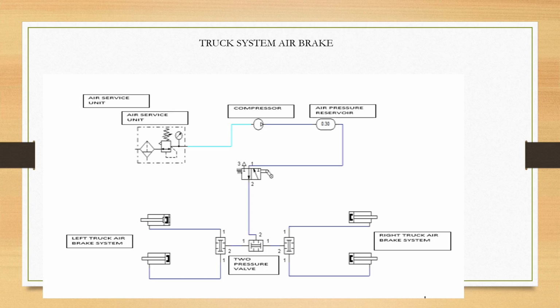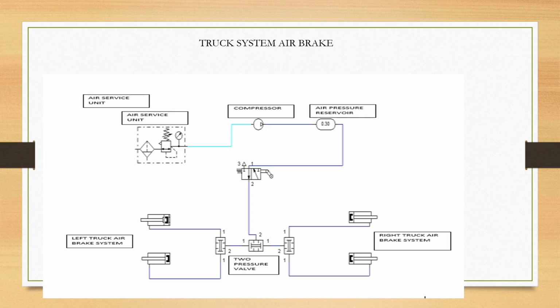For the first step, the service unit is to ensure the right compressed air quality and filter out compressor oil, condensate, and dirt particles from the air. Then next, the air will go through the compressor. The compressor is to reduce the volume of gas or air and increase pressure.